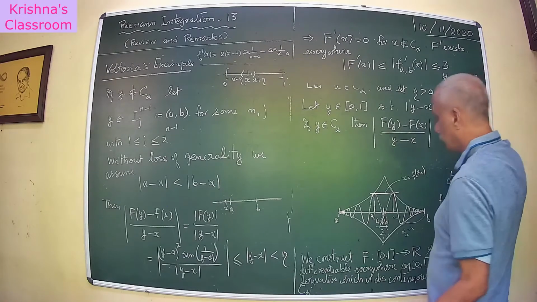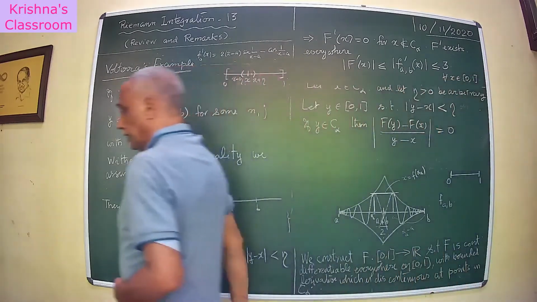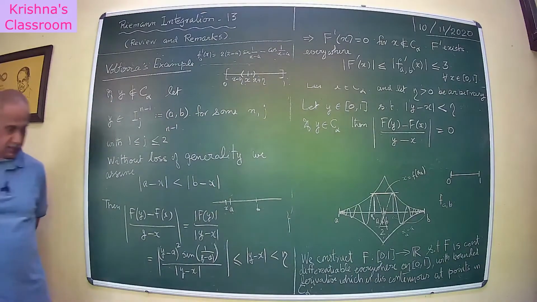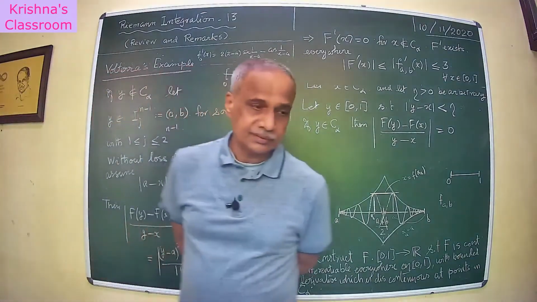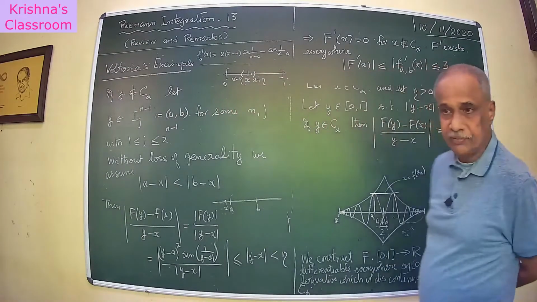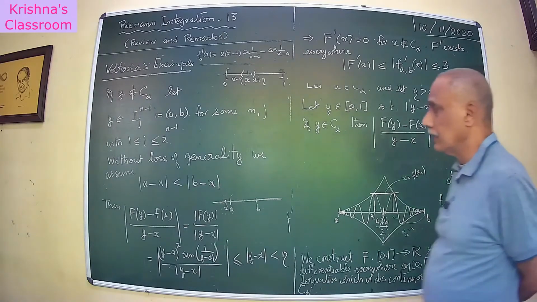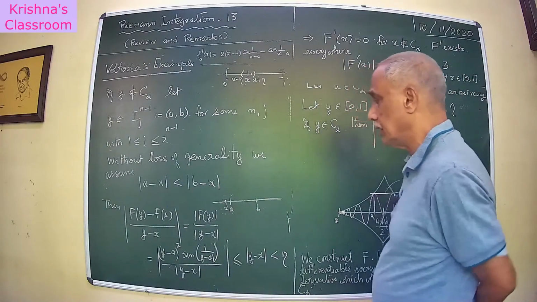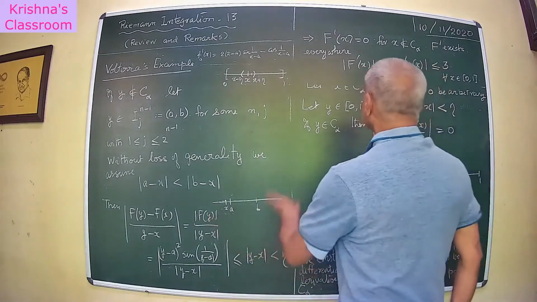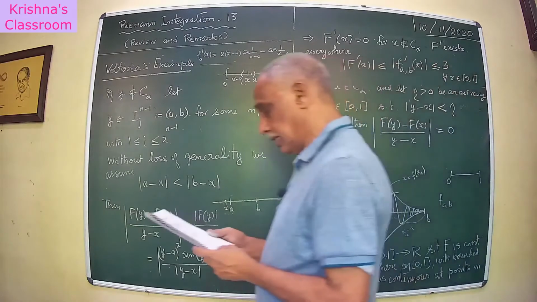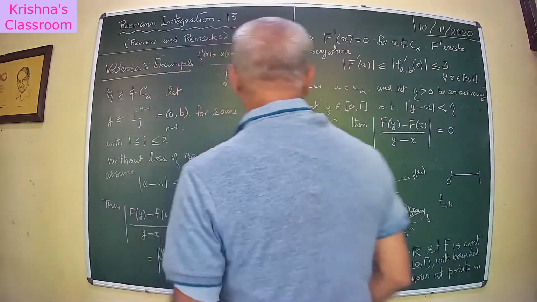So what have we proved? We have proved that f derivative exists everywhere, but f derivative is also bounded everywhere, and that's an estimate. From this estimate, this is what we infer. Now what is to be shown?